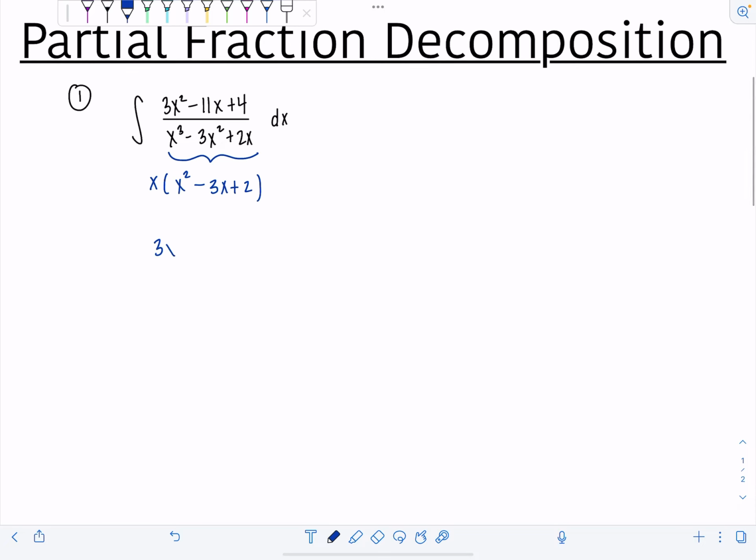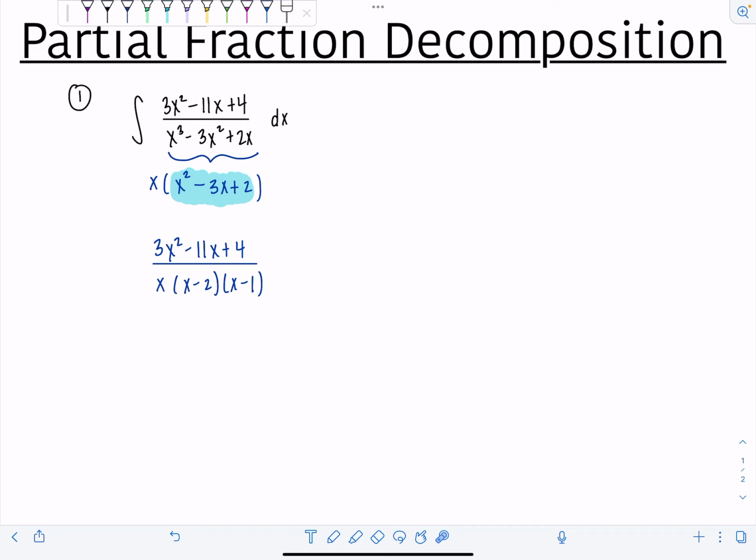So now I'm going to write everything out. We have 3x squared minus 11x plus 4 over x times, and then I need to factor this trinomial here, which is going to factor into x minus 2 times x minus 1.